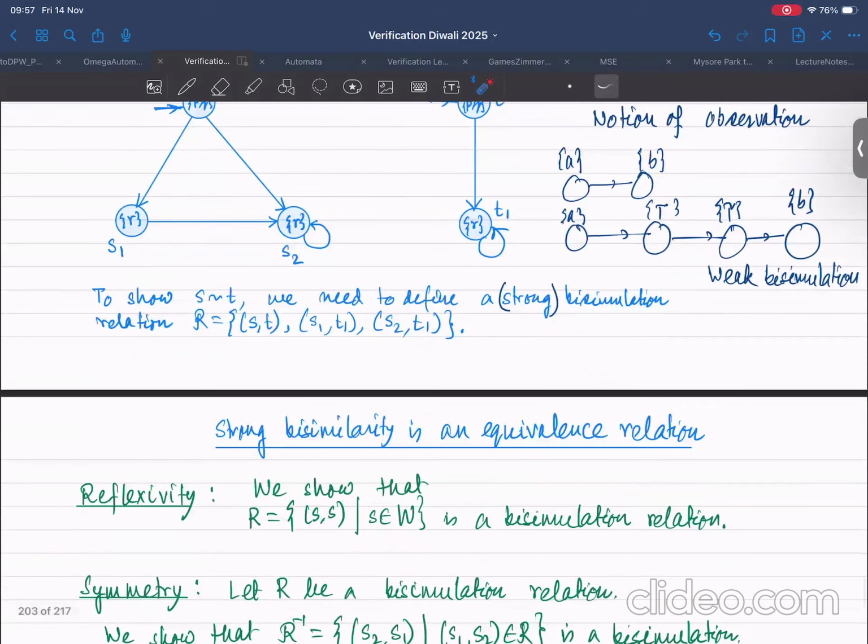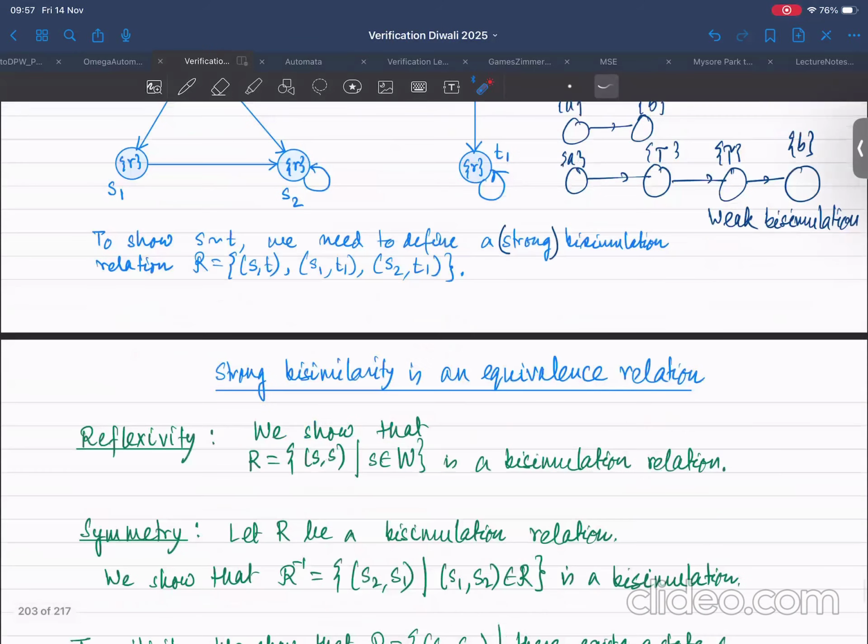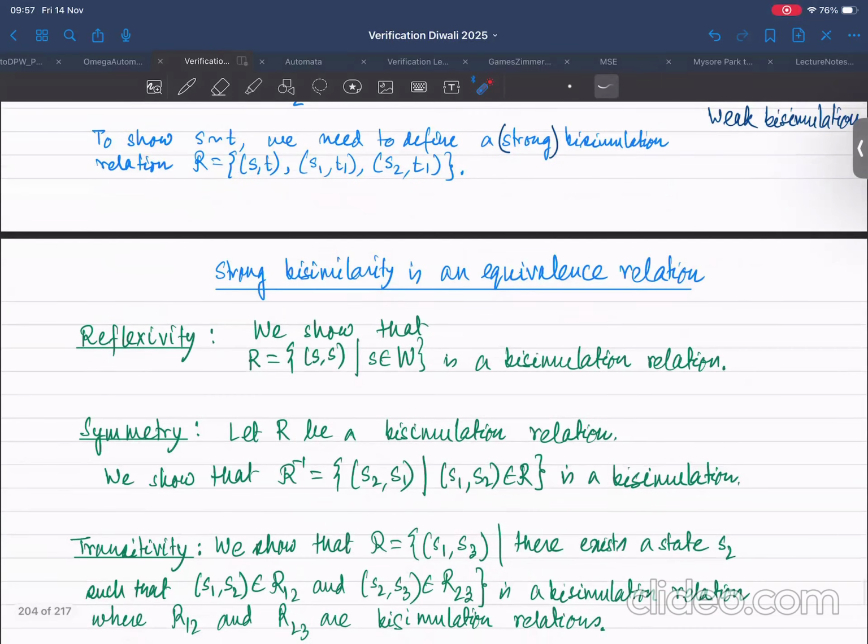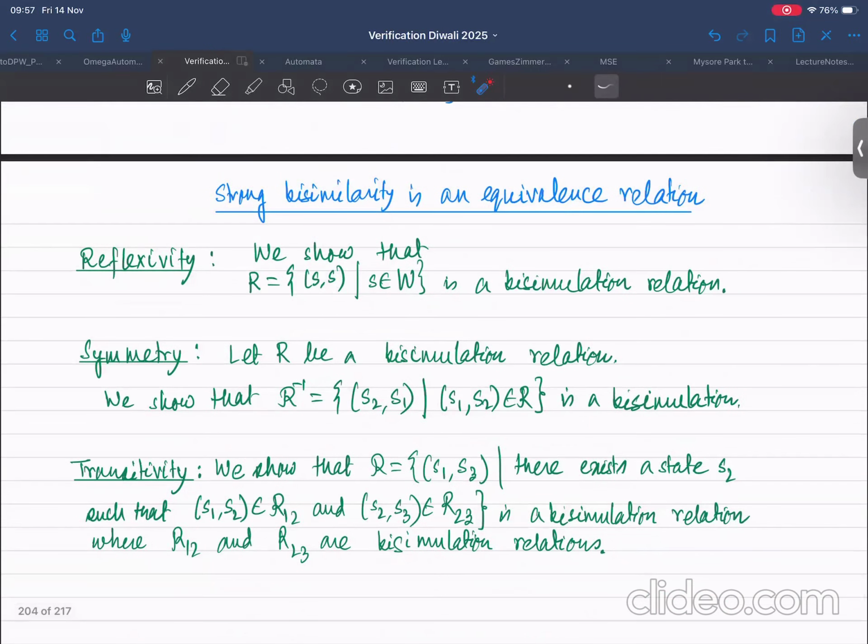Okay. Good. So now, one thing we should take note of is that this relation, the strong bisimilarity relation, is an equivalence relation. Why? What is an equivalence relation? It is reflexive, it's symmetric, and it's transitive, right?